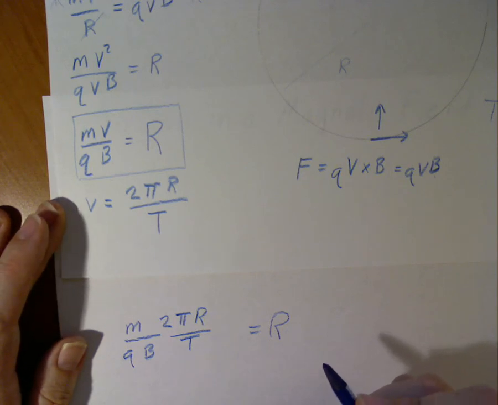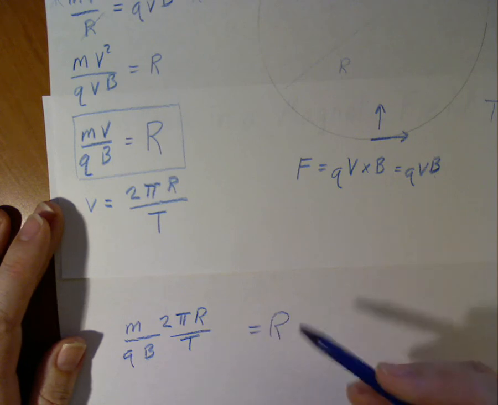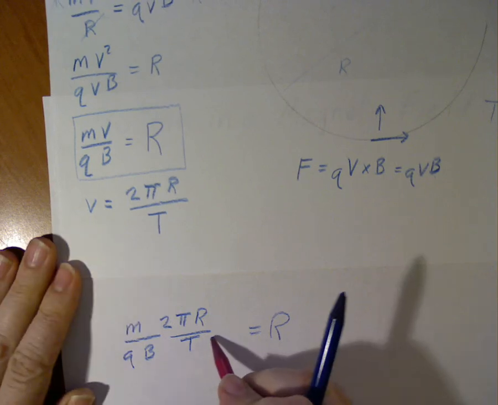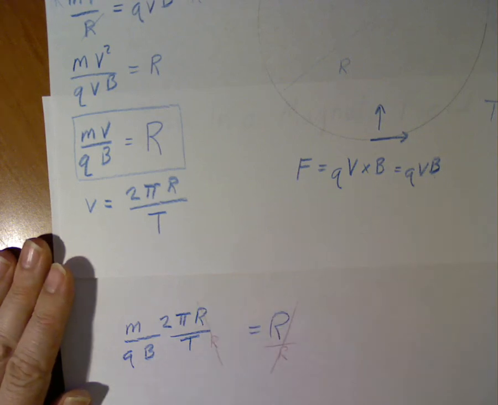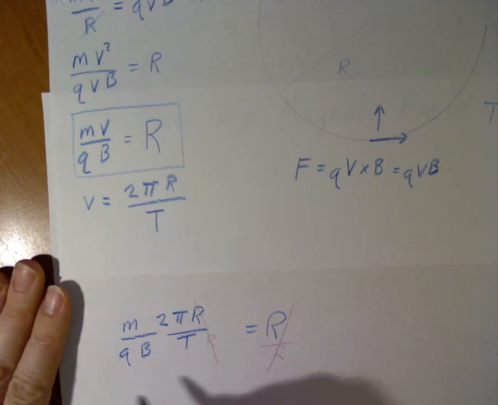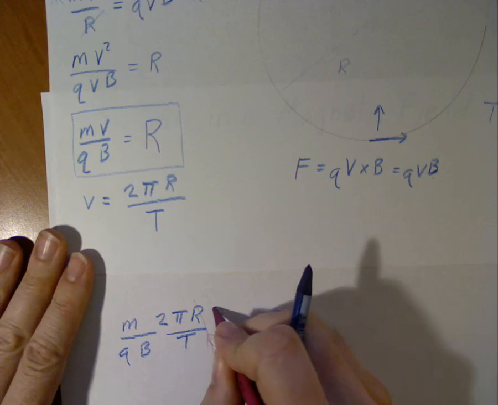Well, the first thing we need to do is simplify. So we can do that by dividing both sides by r. R cancels out, which leaves me with, oh, no, I'll multiply both sides times t as well.